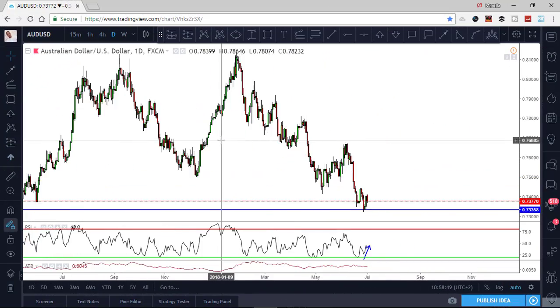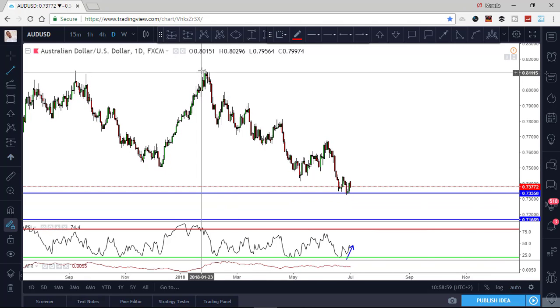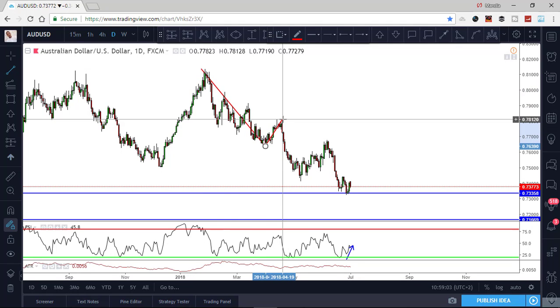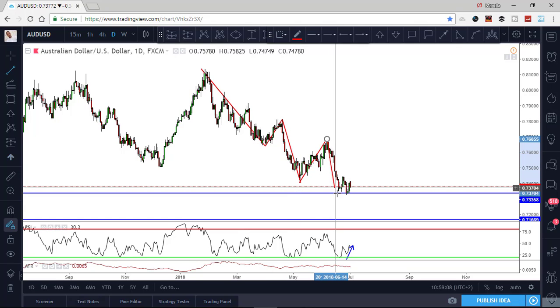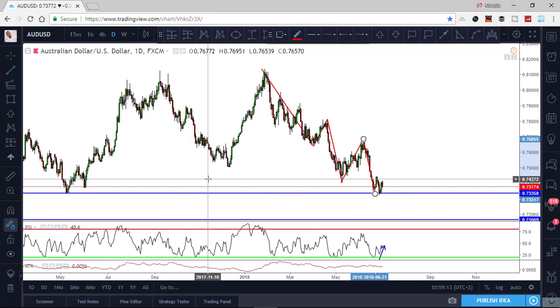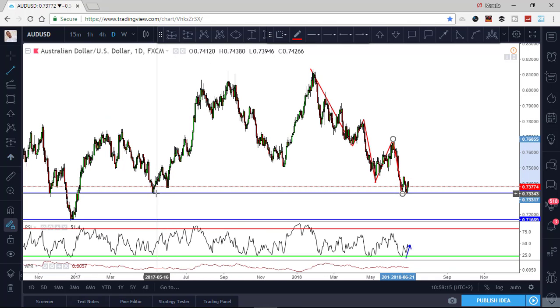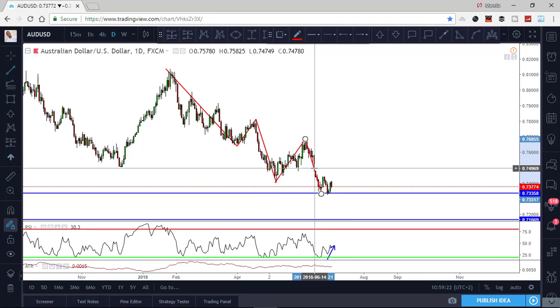Aussie for quite a while has been trending downwards. By trending downwards, I mean that we have a classic 3 drives pattern and follow up from there, right? We have extension, pullback, extension, pullback, another extension. This was a potential halt level that I was thinking that price would eventually halt at, and then give us some type of consolidation right here.